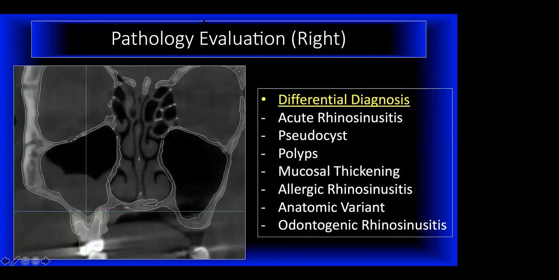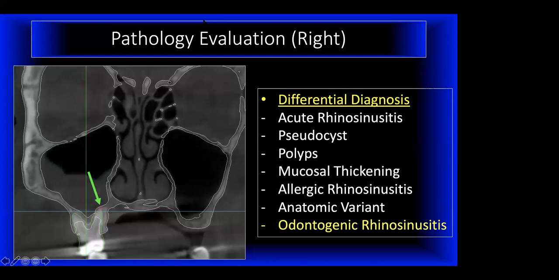If I look at this, you can see where that red is on the end of that root, that is basically right into the sinus. So my belief is this is most likely an odontogenic rhinosinusitis secondary to this tooth. If you look at the old literature, it showed that most chronic rhinosinusitis had some odontogenic origin about 14 to 18% of the time.